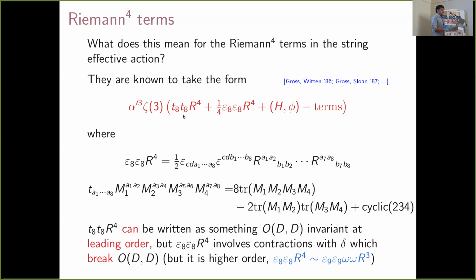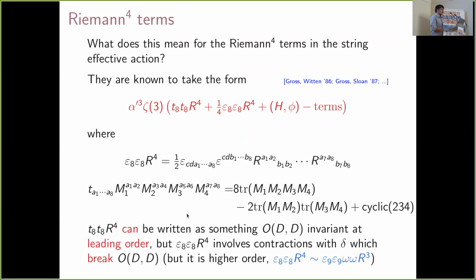In the first term, you have this T8 tensor structure. This T8 tensor is defined in this way. It has 8 indices, and if you contract it with 4 antisymmetric matrices, M1, 2, 3, and 4, then the contraction is defined to give you 8 times the trace, minus twice the product of these two traces, and then plus the cyclic permutations of the last 3.